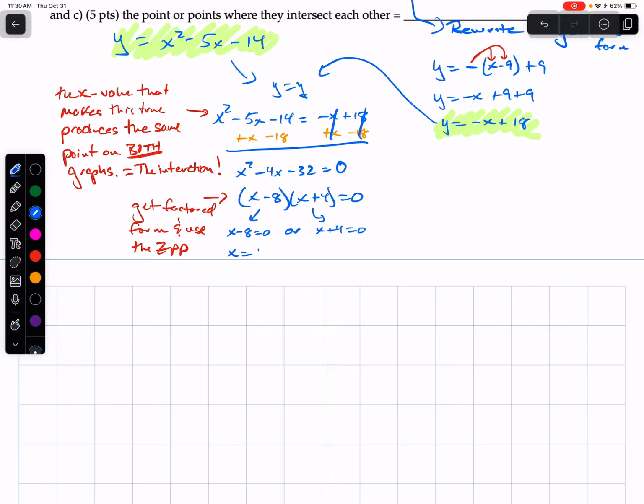Which means x equals 8, or x equals negative 4. And now we're going to plug these into one of the equations to find y.